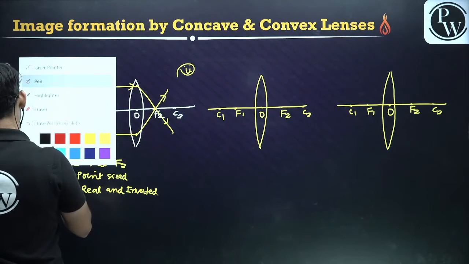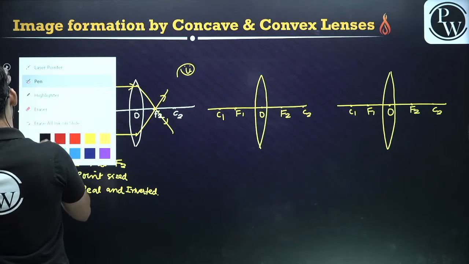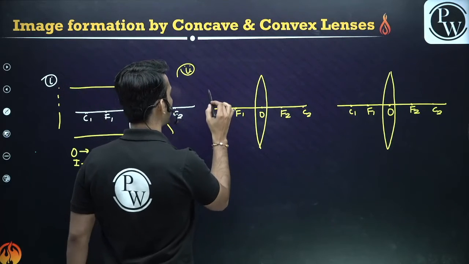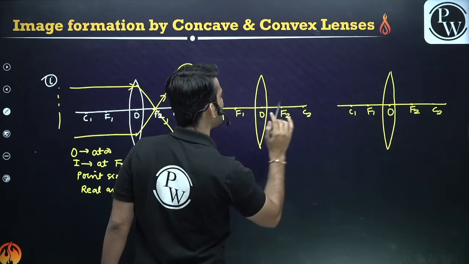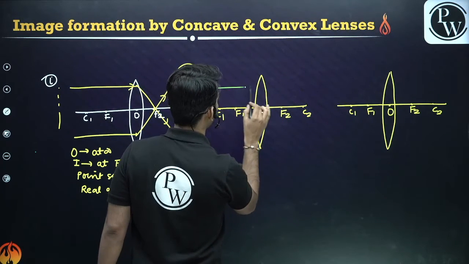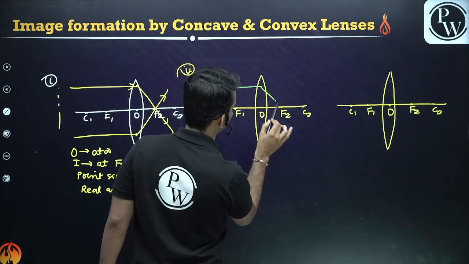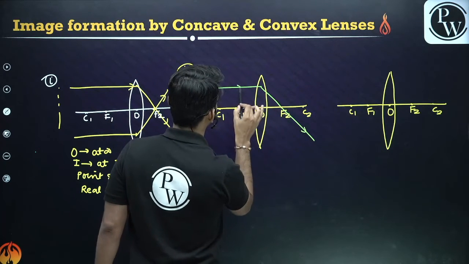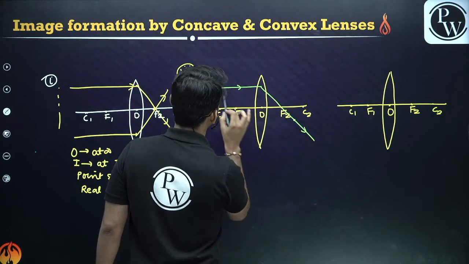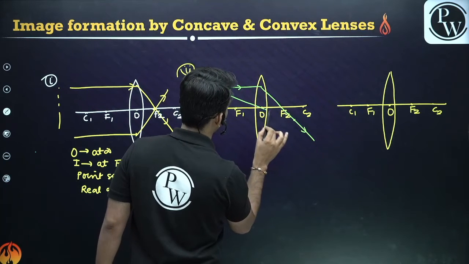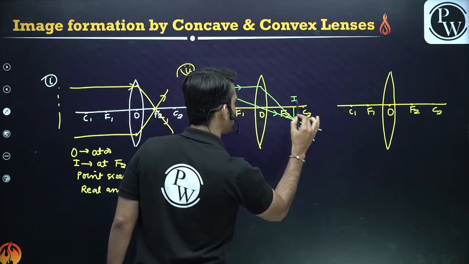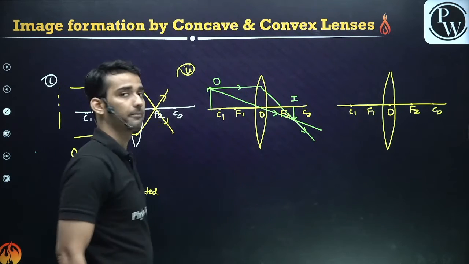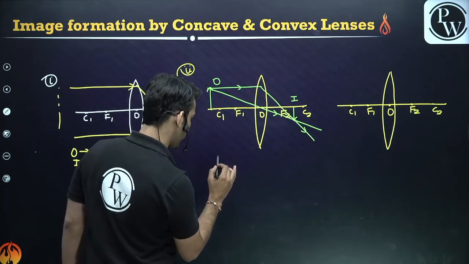Here the object comes closer to the lens, so the image will go away. The first ray will be like this and the second ray will be like this. This is the image, this is the object. Where is the object?